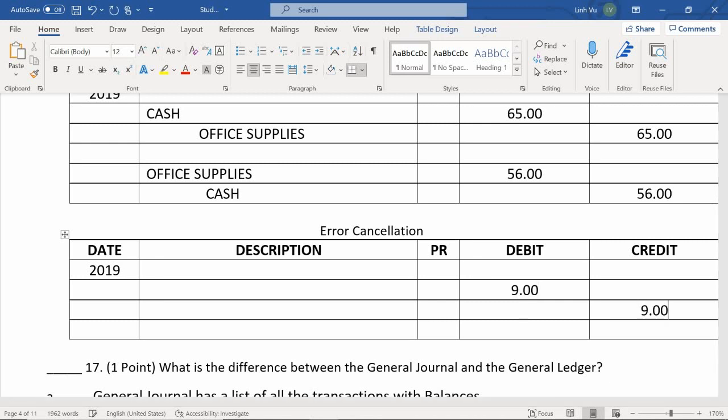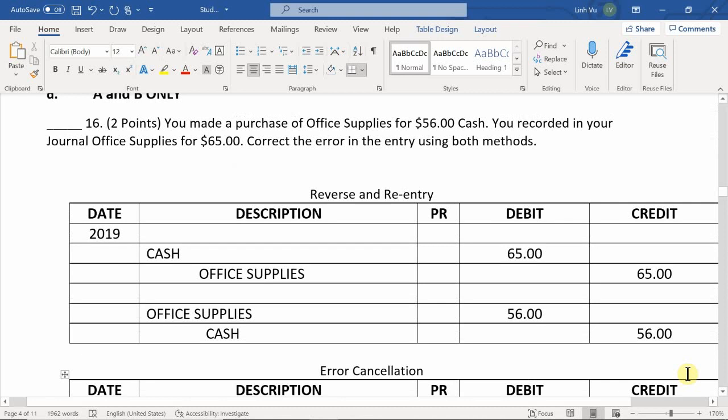Now let's take a look. I originally journalized it for $65, right? I said that I purchased my supplies for $65. But in reality, it's 56. So, which account is under and which account is over?